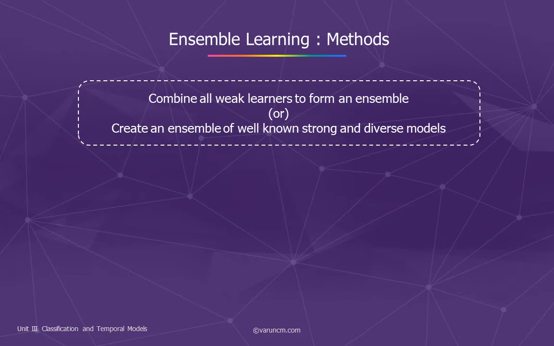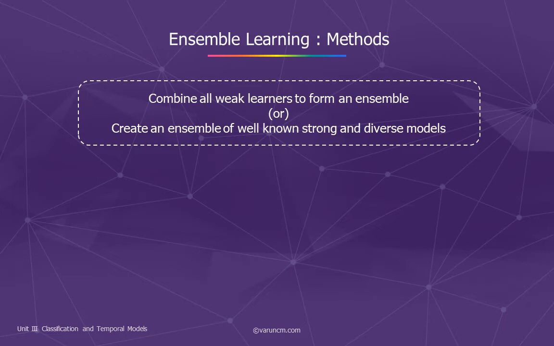Those machine learning models will be providing predictions which are not so accurate, so we call them weak learners. The outputs from these weak learners are combined together to form a better output.